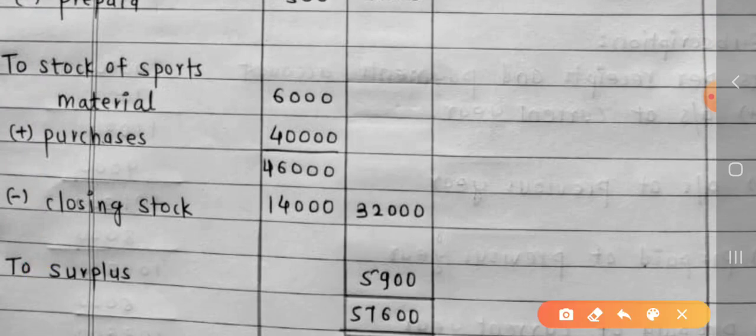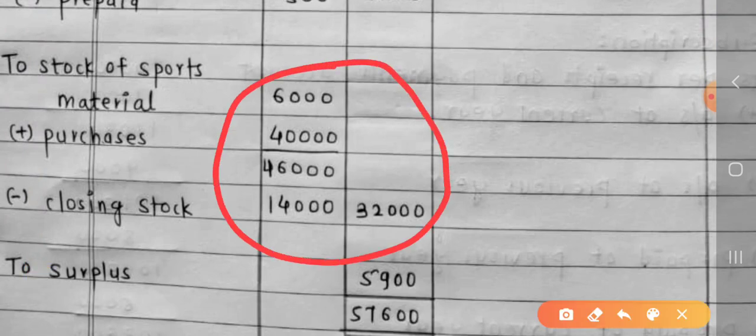And the most important point is opening stock of sports material plus new purchases minus closing stock. By that way, sports material consumed for this year is just 32,000.